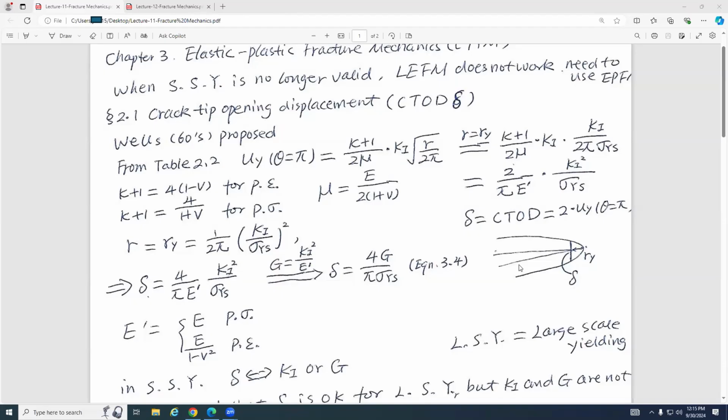For plane stress, we have kappa plus 1 equals 4 divided by 1 plus nu. Also, mu is the shear modulus, determined by Young's modulus and nu. It looks like a V, but when I hand wrote it, it's very difficult to write the nu. So this is the nu we call, the Poisson's ratio.